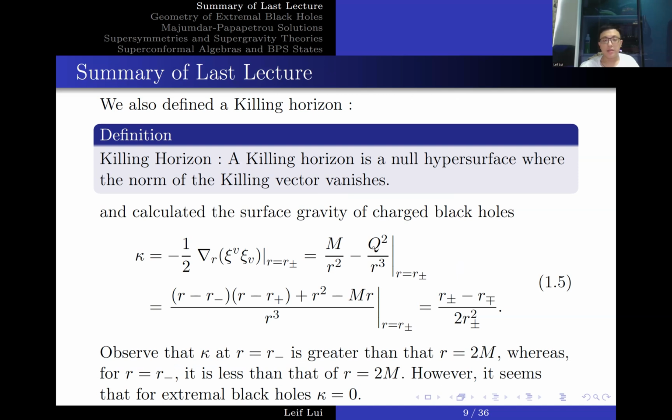And I showed that by computing the surface gravity, we find that the surface gravity for extremal black holes is 0 at the event horizon. This corresponds to 0 temperature, and this is a reason why extremal black holes are not physical, because according to the third law of thermodynamics, you can never reach 0 temperature in a finite number of steps.